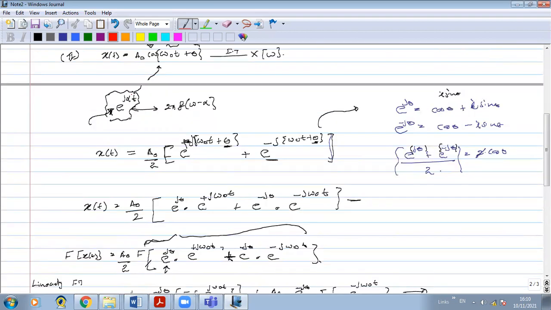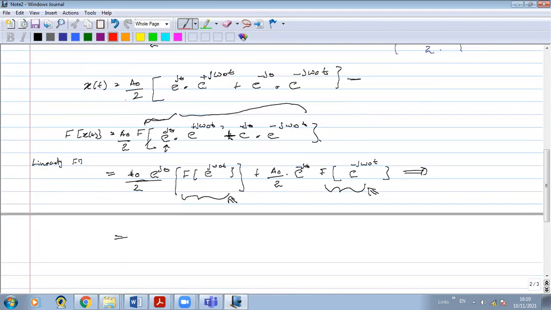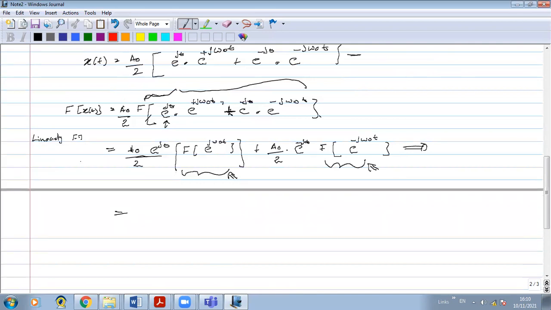We are given that the Fourier transform of e to the power j alpha t is equal to 2 pi delta of omega minus alpha.